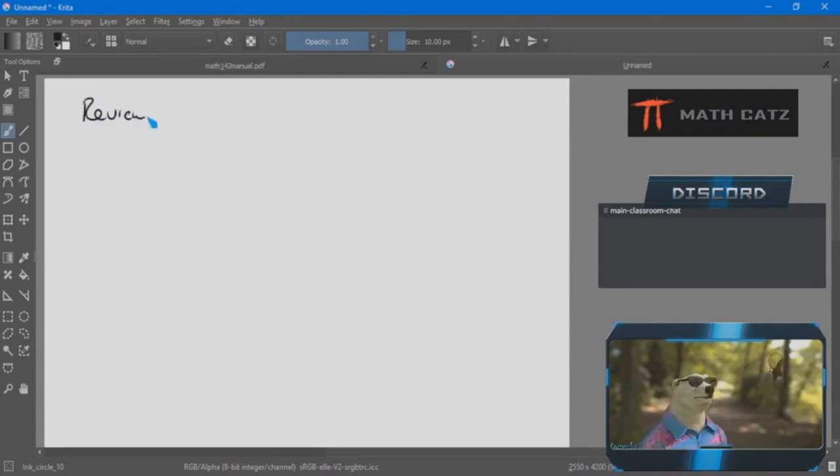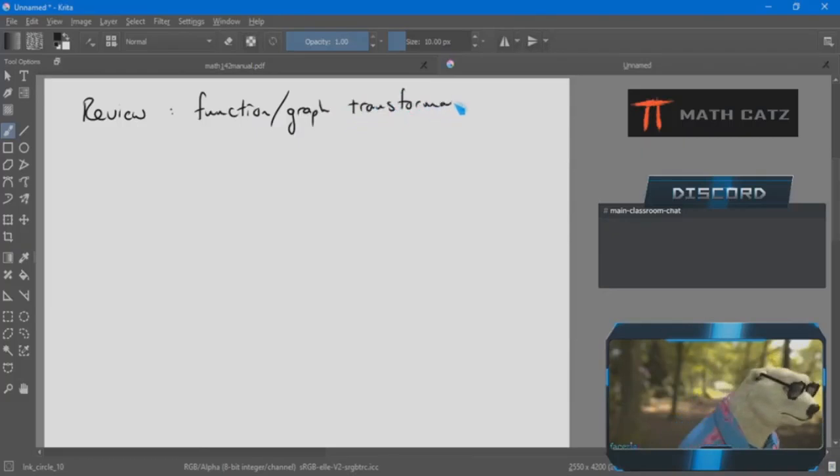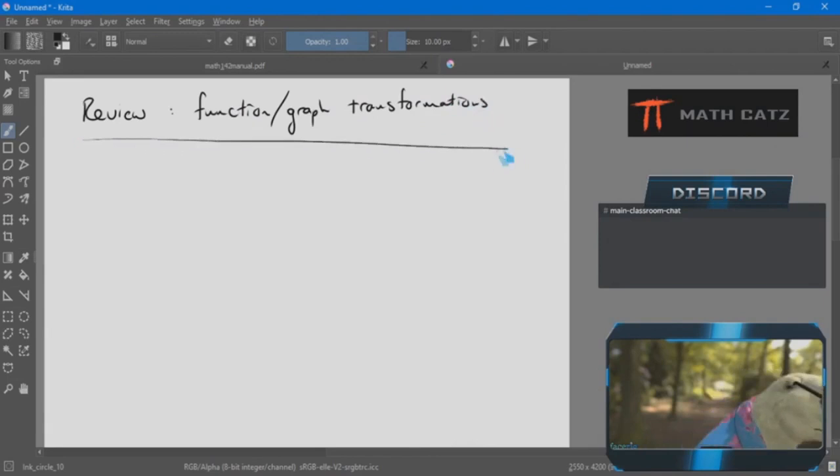Review from yesterday. Function transformations, and therefore graph transformations as a result. Of course, you can technically do these transformations in any order. Some, however, will be more convenient to do first and some more convenient to do last.